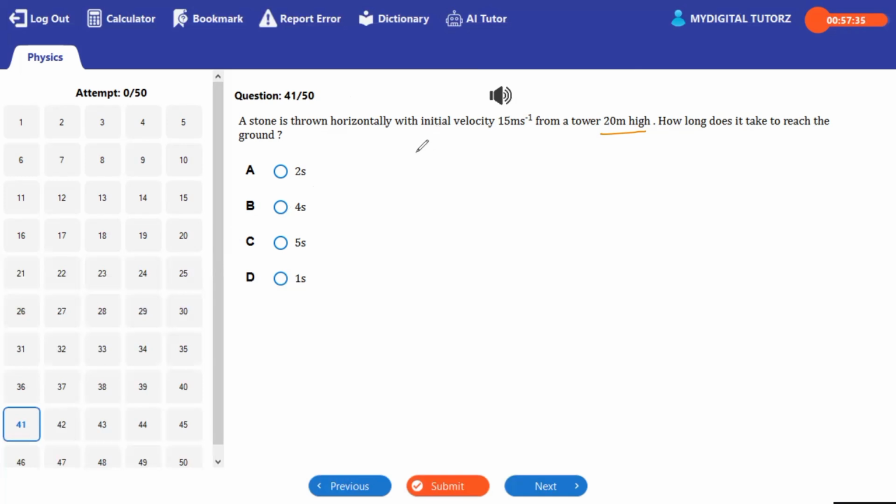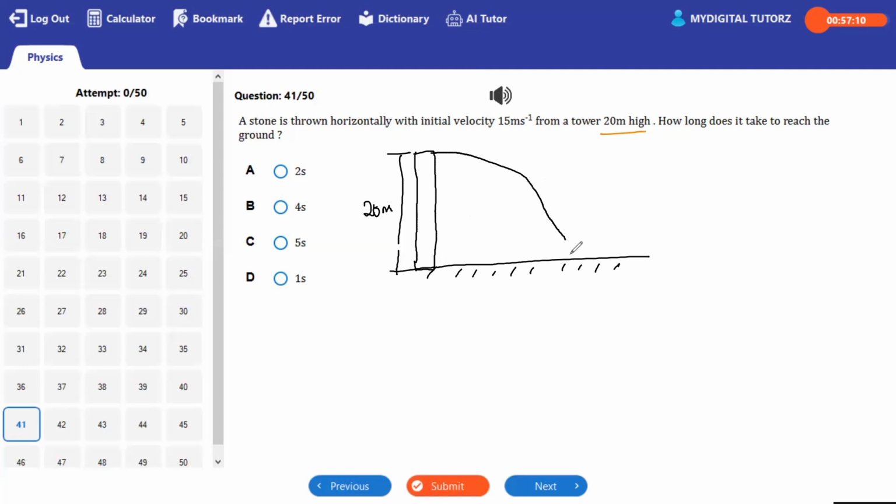So let's assume here is the tower, and in that case we have the ground, isn't it? We are told that the height of the tower is 20 meters. If the object is being thrown, it will follow a parabolic path in this manner.